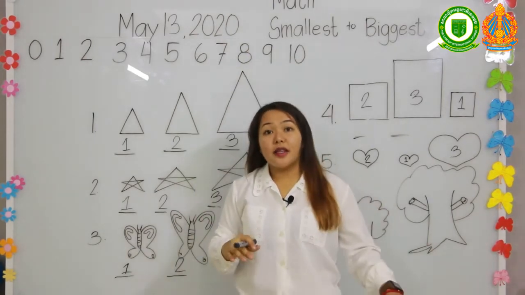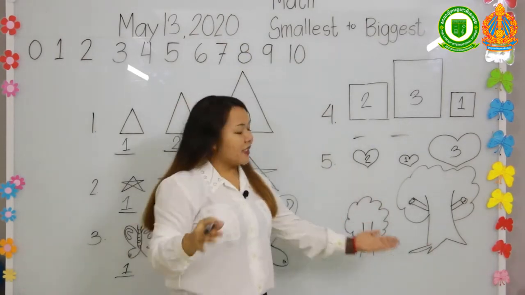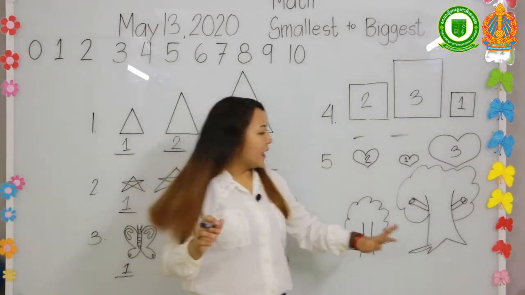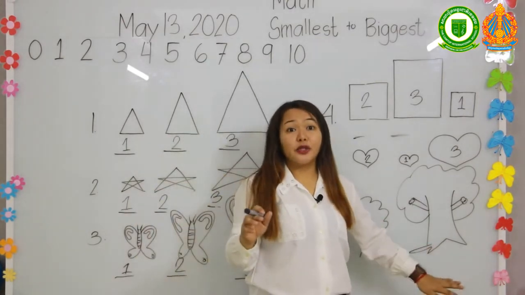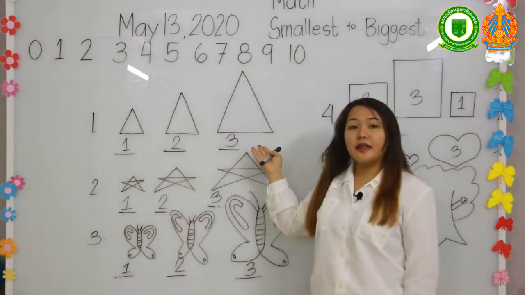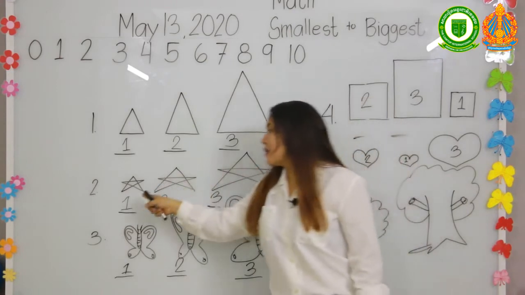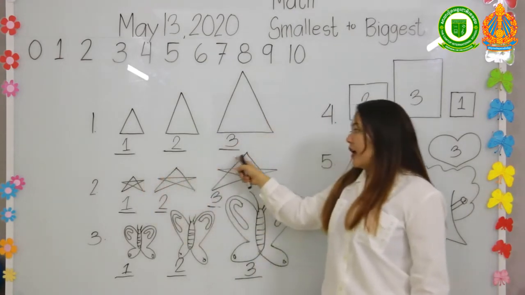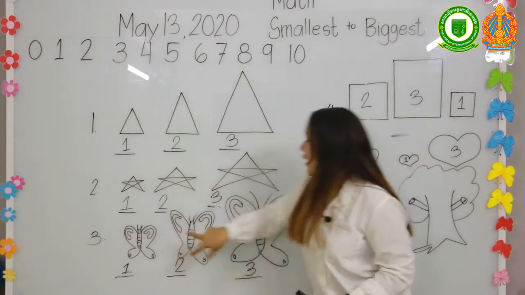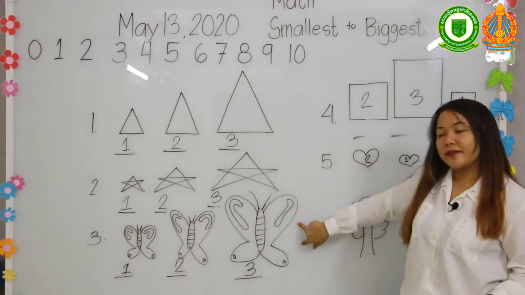But yeah, small, and then we have the big. Just like these 2 trees. We have the small tree, and then we have the big tree. So we have the smallest, and we have the biggest.